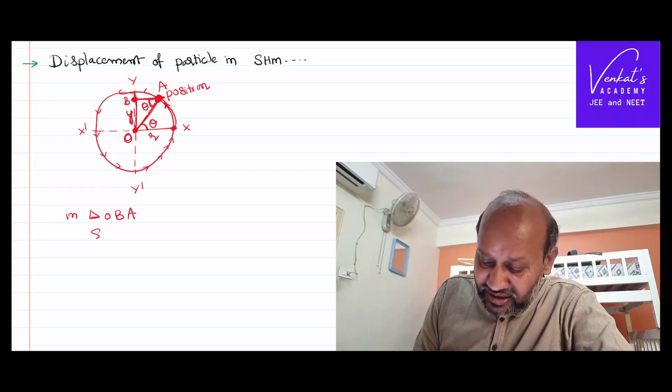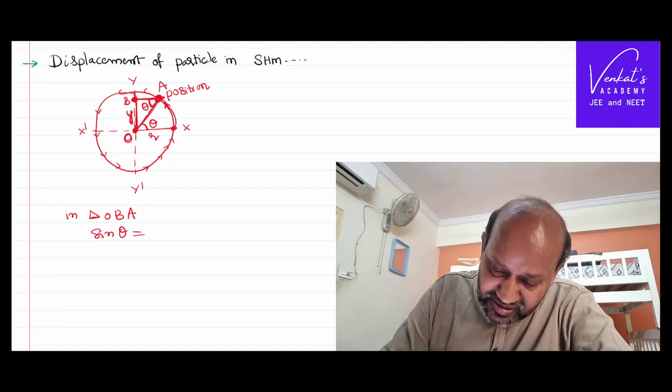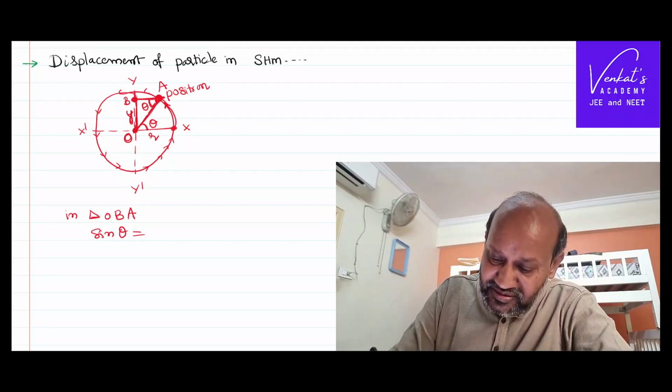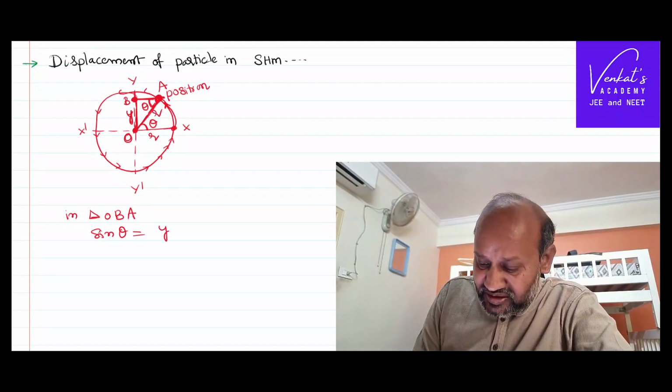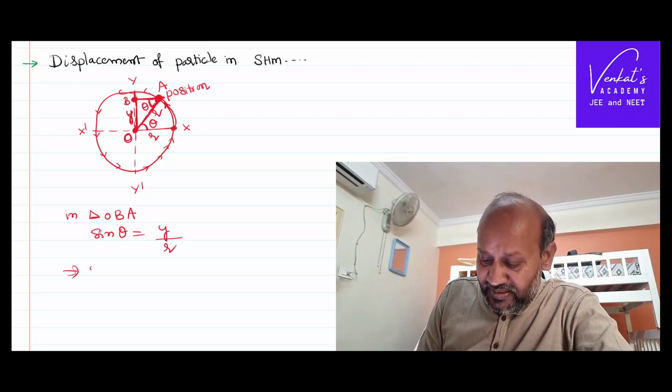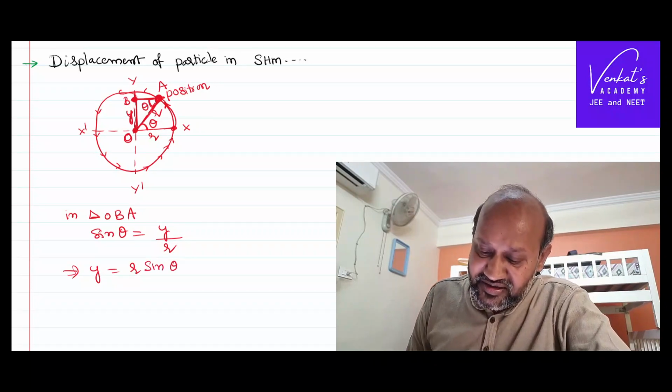In a right angle triangle, I can write sine theta equals opposite side by hypotenuse. Opposite side is y, hypotenuse is r. That implies y is equal to r sine theta, where r is the radius.